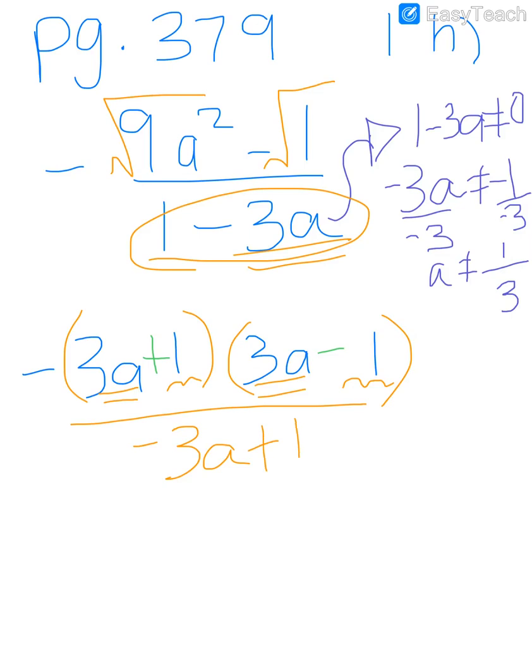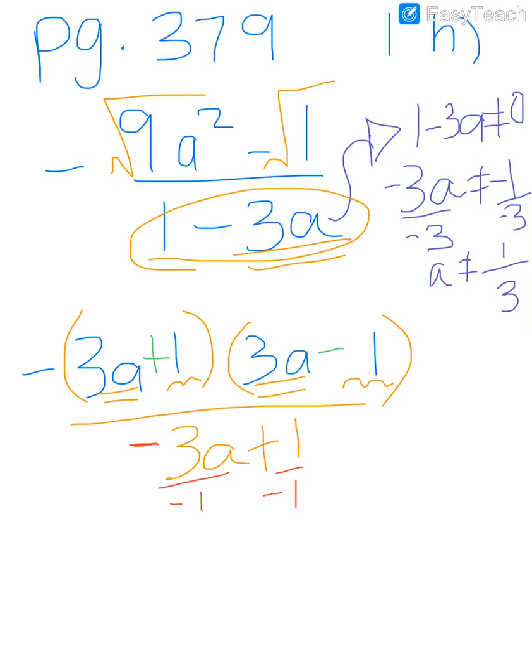Okay, so now I look and I still don't have anything that I could cancel. And when you're reducing, you will always, for these types of questions, have something that will cancel. So if ever you start with a negative, always factor that negative out. And that's really a negative 1 that you're factoring out.